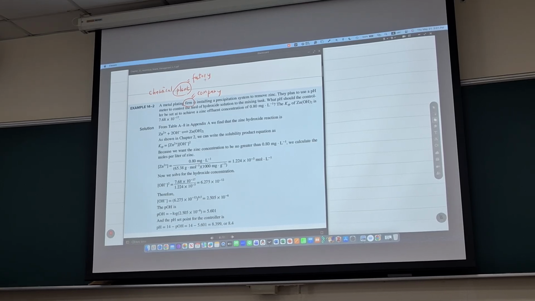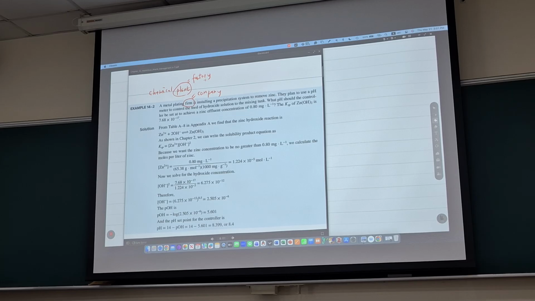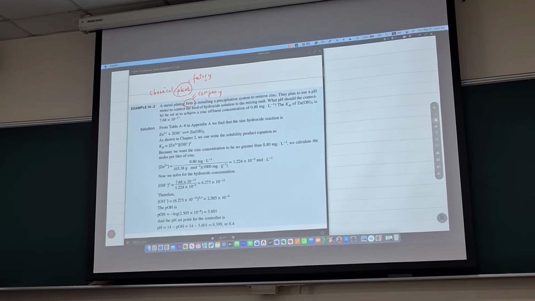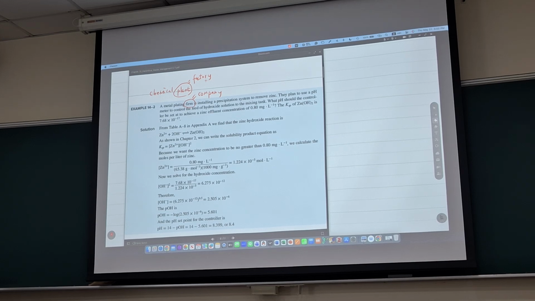这个 plant 是工厂的意思啊，不是植物啊，不是树哦。OK。I was very sick yesterday.